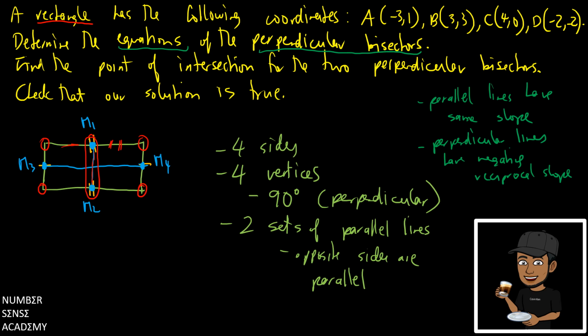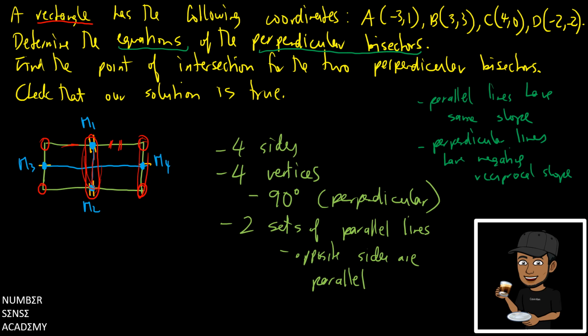I could also find the slope of this line because it's going to be parallel to this line. Right? They'll be the exact same thing. But you get to decide what you want to do because you want to be as efficient as possible.